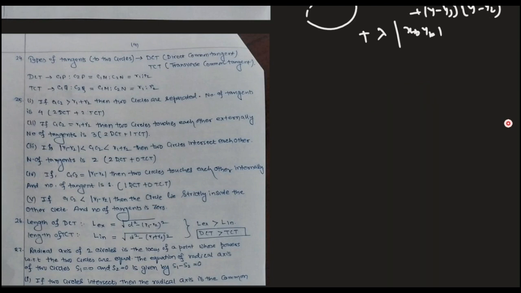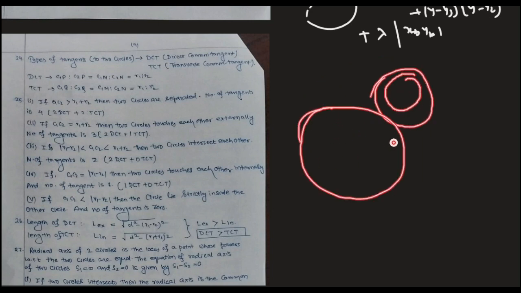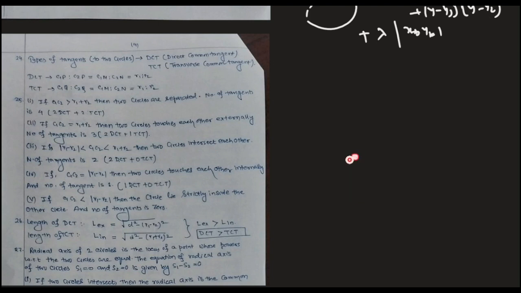So three tangents you are getting, two direct common tangents and one transverse common tangent. Next, what will happen if your circle is just inside the other circle? You have to find how many tangents are there.